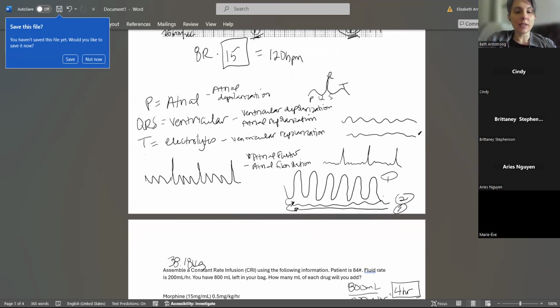Like the blocked cats, the raised T waves, right? The tented T waves, yeah. So that is such a good point. We say the T waves are electrolytes, right? And so if you see that tented T wave, you're going, "Ooh, I need to check my electrolytes," because as you guys know, in blocked cats, our potassium level gets really, really high.